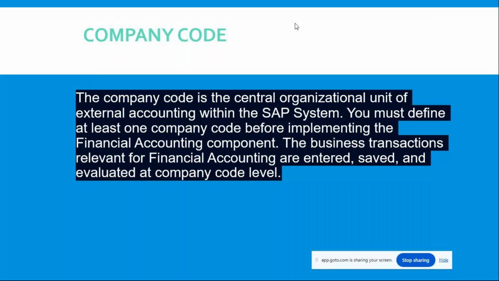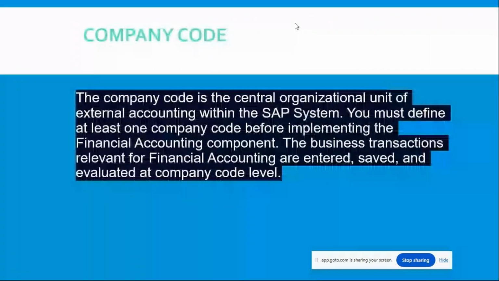So each company has at least one company code. It can be multiple, but at least one is a must. The business transactions relevant for financial accounting are entered, saved, and evaluated at company code level. Understood? So that is the thing here.